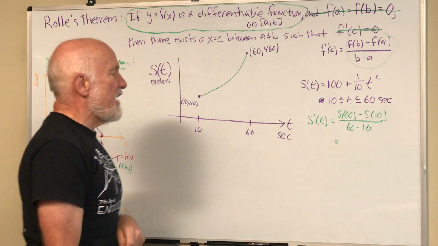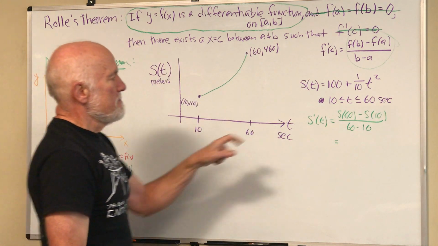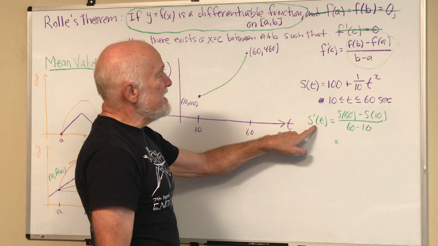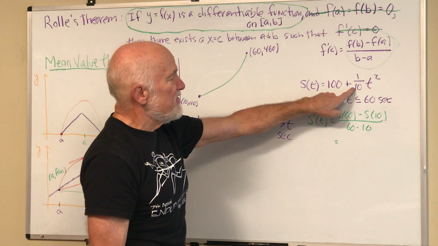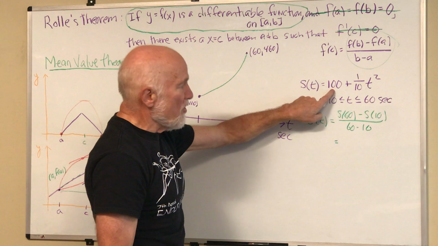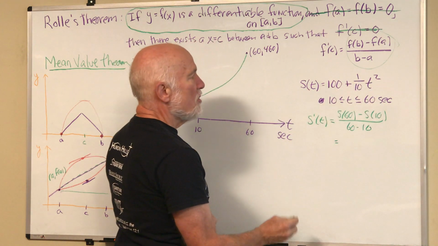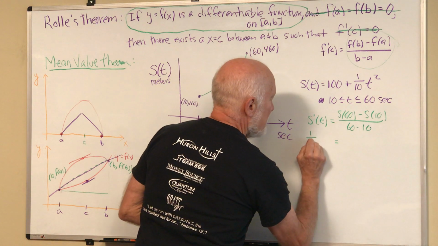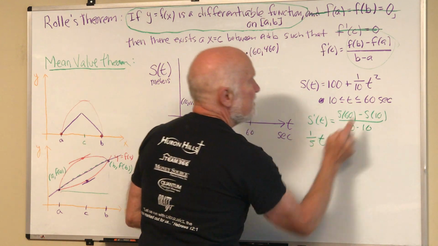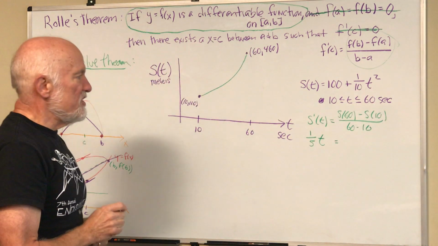Well, let's see if we can find what that would be. s prime of t, the derivative of this, is 0 plus 2/10, or 1/5 t, the derivative of the position.